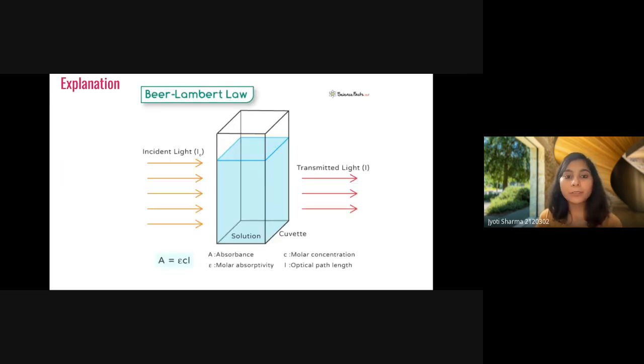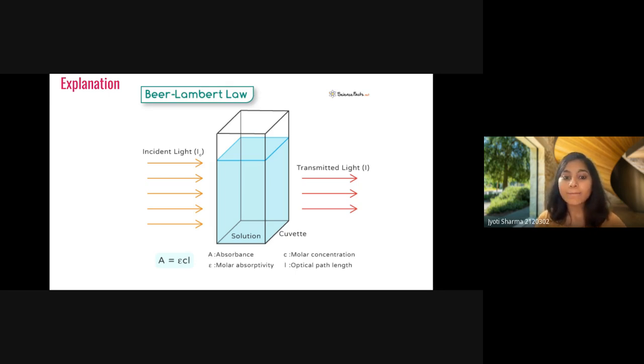So, for example, this is our sample, and the sample may have some color, right? And if we do have some rays that are incident to our sample, then what would happen? Some light will be absorbed and some light will be transmitted.